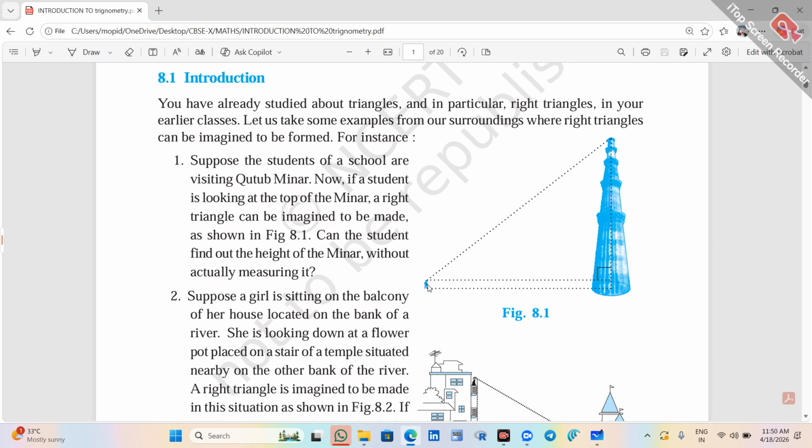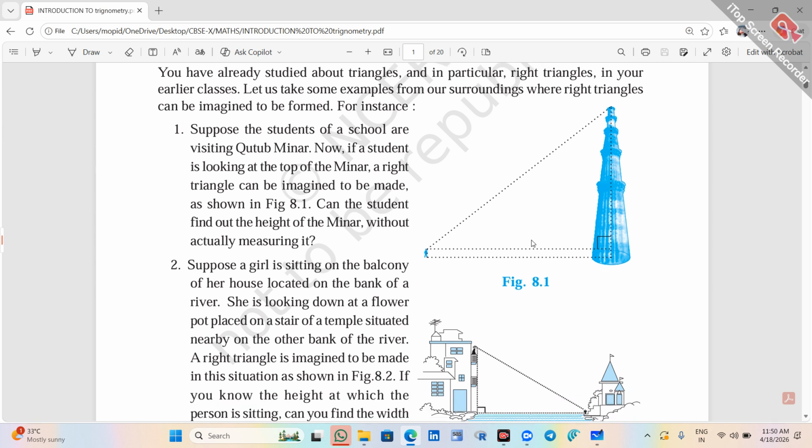See here, there is a person and he is seeing the top of the Qutub Minar, and from some distance he is at the Qutub Minar. Here we are getting a right angle. By just measuring the angles, we can find the distance from the person to the Qutub Minar. So in this way, this trigonometry will be useful for us.